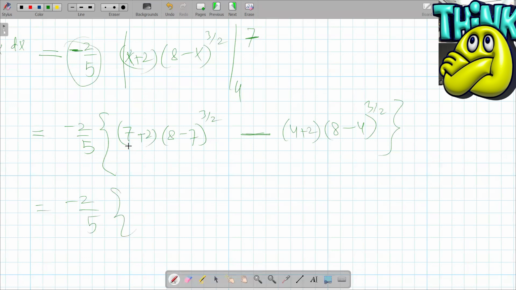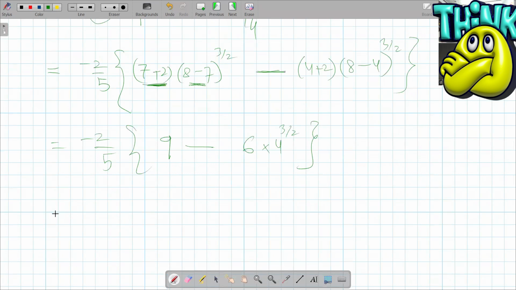Just need to compute this. 9 times 1 will give us 9. And then minus 6 times 4 power 3 over 2. How much is 4 power 3 over 2? It is 8, I think. 2 power 3 is 8.